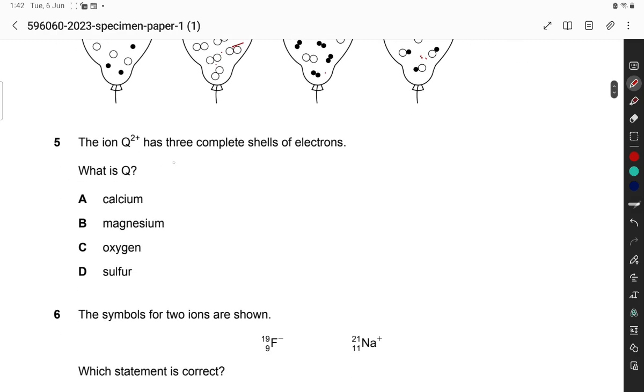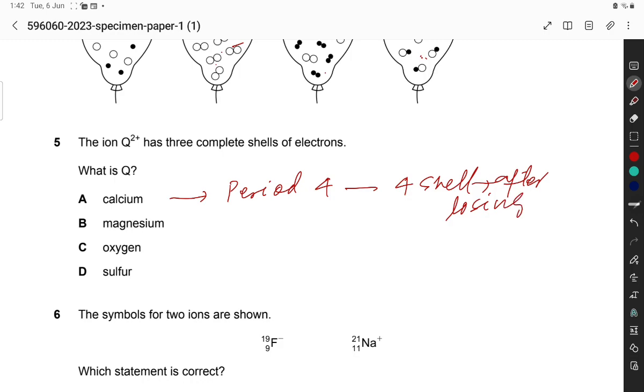Question number 5, the ion Q2+ has 3 complete shells of electrons. What is Q? Calcium, after losing 2 electrons, calcium is present in period 4, so it has 4 shells. After losing electrons, calcium has 3 complete shells.